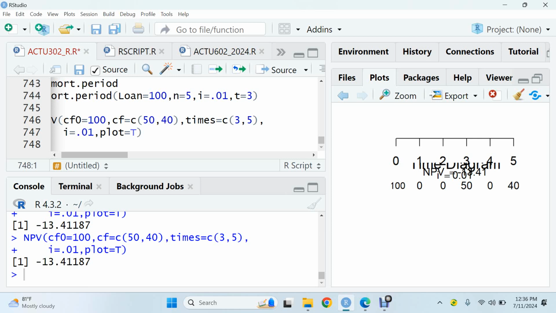So 4 is 0, and then you get 400. So let's do it this way. Yeah. So you get 0 and then you get.